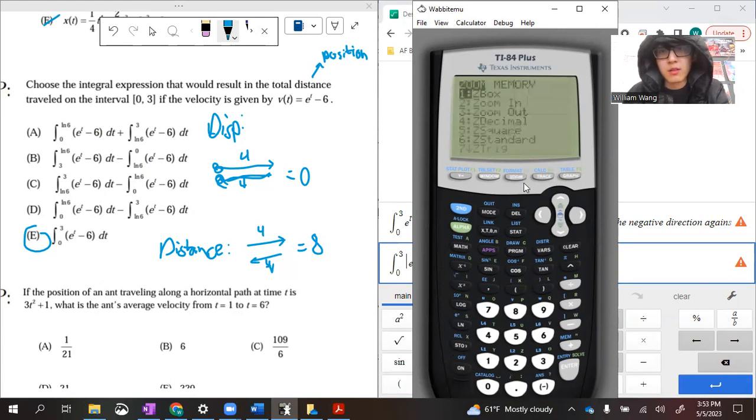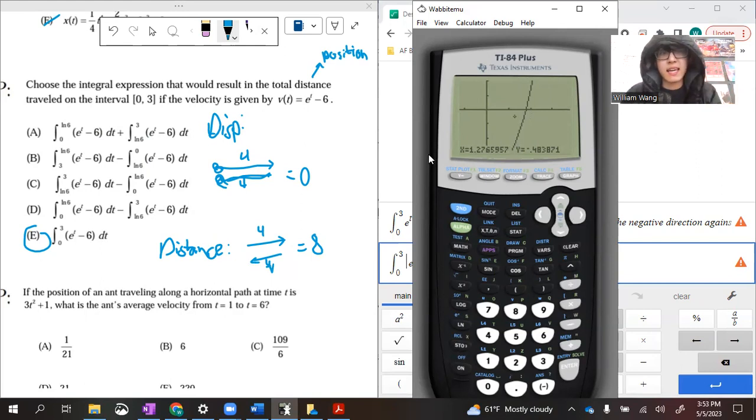I'm going to graph this, and notice, I'll zoom in a little bit. This is my velocity function, right? So in this beginning part here, I'm moving. My velocity is not 0, my velocity is negative. So I'm moving, but in the wrong direction.